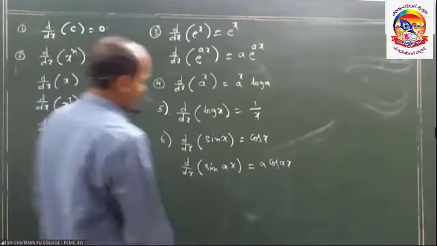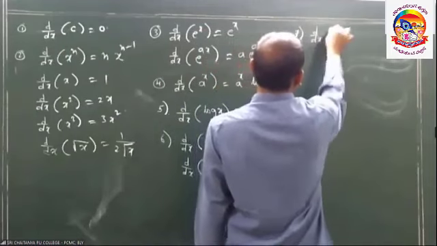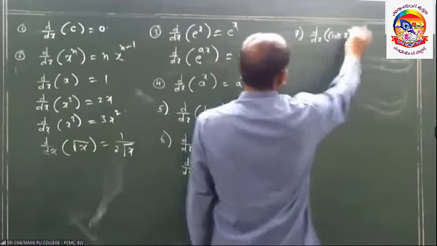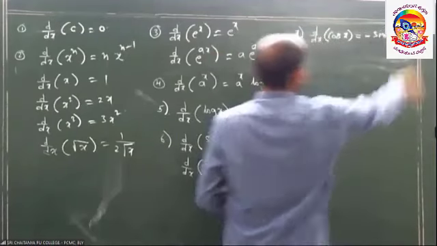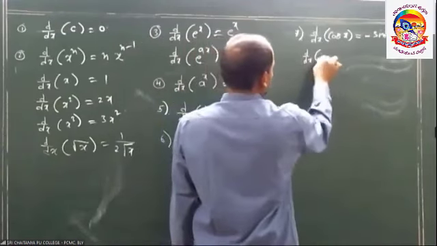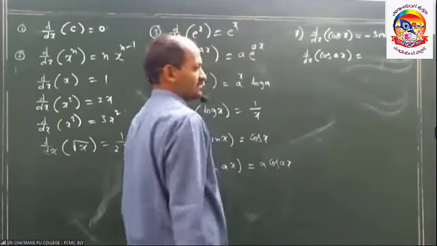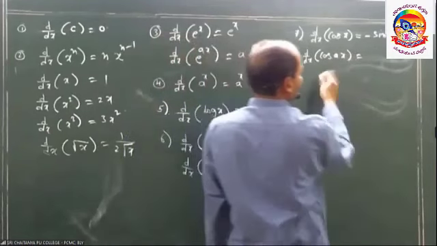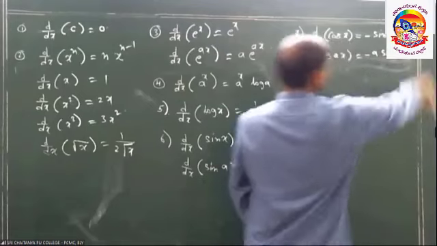Next, derivative of cos x is equal to minus sin x. Next, derivative of cos ax, where a is a constant, is equal to minus a sin ax.